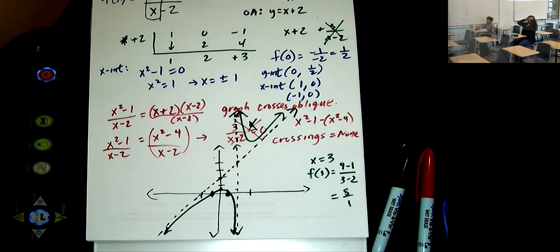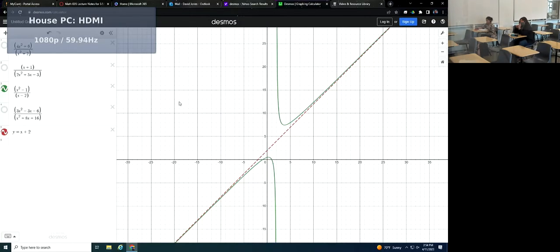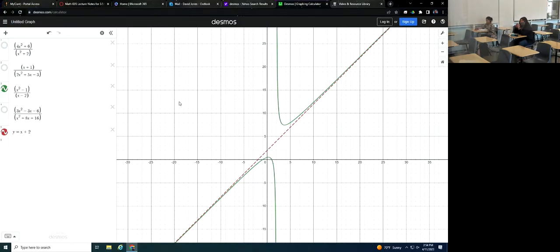And we can see that on Desmos. I graphed it real quick. y equals x plus 2 is my oblique asymptote. I put it there so we can see what it looks like. And we do have it going up as it goes to the right. I could throw in x equals 2.